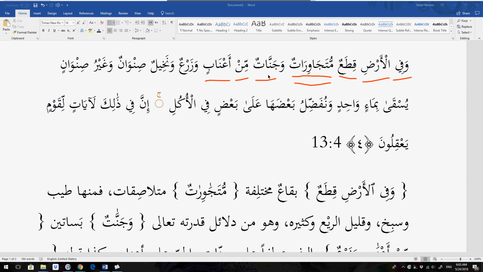Sometimes it's used as a metaphor, speaking of having paradise. We would say it's a metaphor for paradise. I just want to bring this out for the students, for those that are studying Balagha.